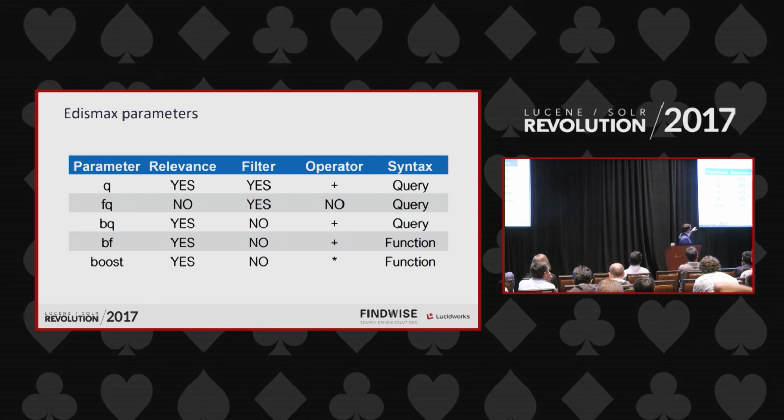Then we have the most extreme of them, the one that is going to affect our relevance the most, and it's the boost parameter. It takes a numerical value as well. We can apply all our mathematical functions that are available in Java and in Solr. The difference is that it is aggregated as a factor.